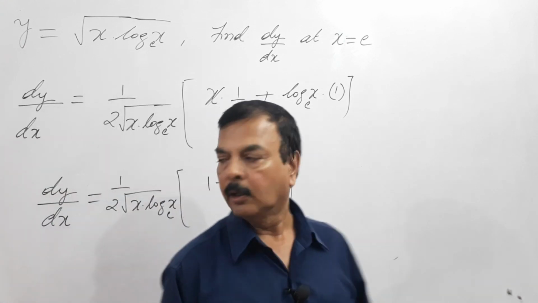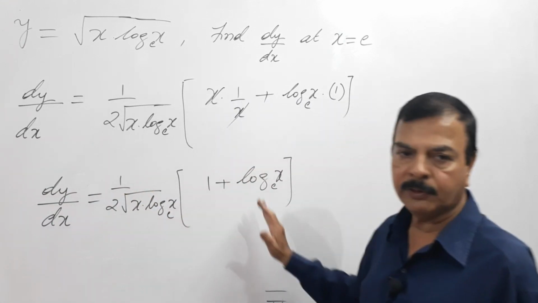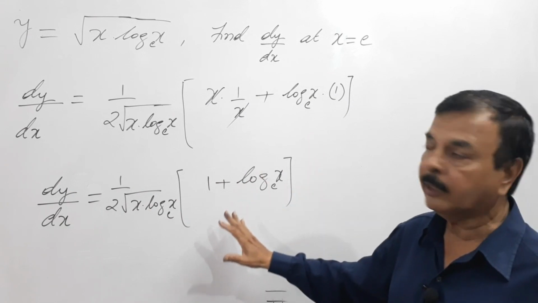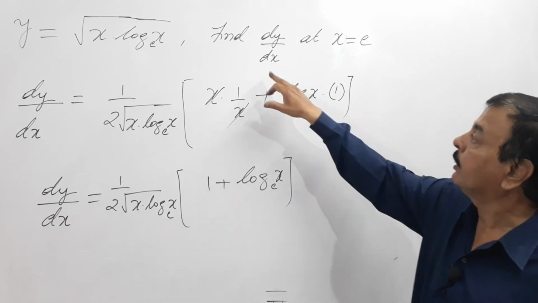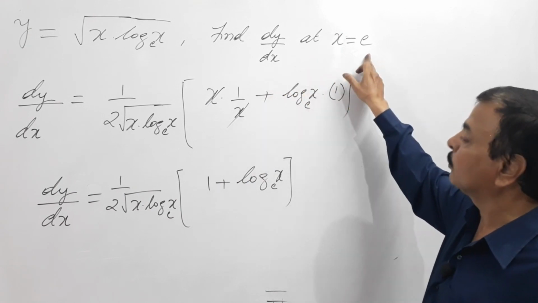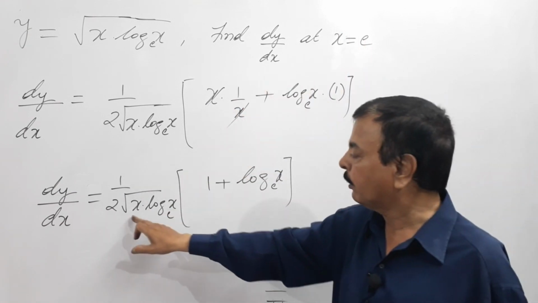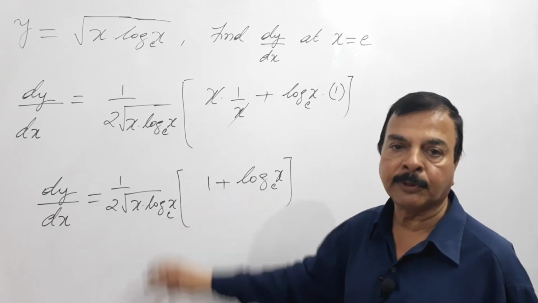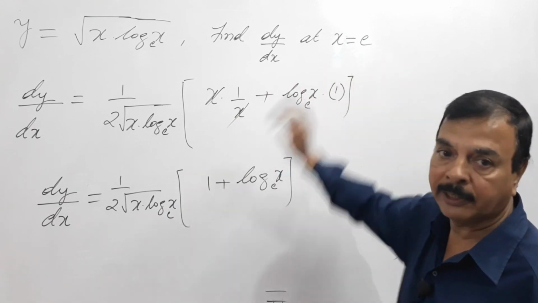Now we have got the answer here. Beyond this we can't differentiate. But what you have been asked is to find dy by dx at x equals e. Now what you do is, wherever you have x, substitute the value of x as e. That's all.